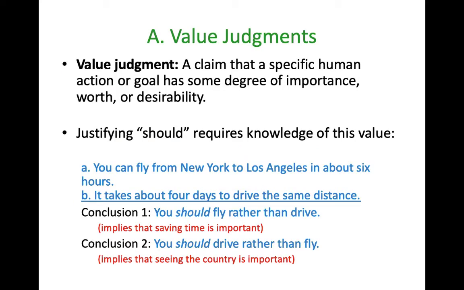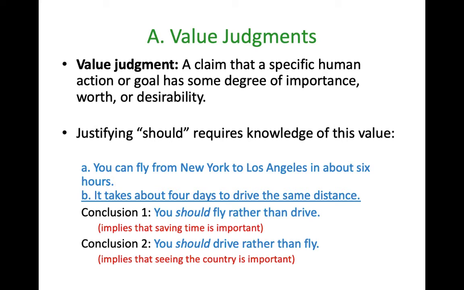A value judgment is a claim that a specific human action or goal has some degree of importance, worth, or desirability. Justifying any "should" someone makes requires knowledge of this value. For instance, here's an argument. You can fly from New York to Los Angeles in about 6 hours. It takes about 4 days to drive the same distance. Here's a conclusion.